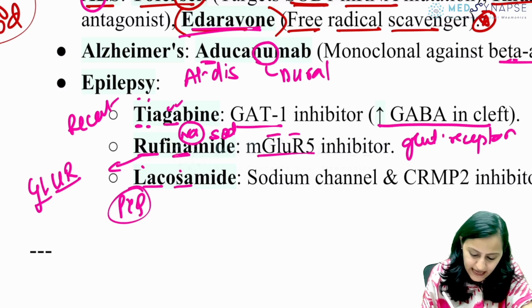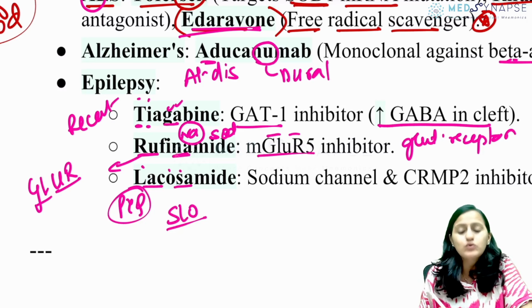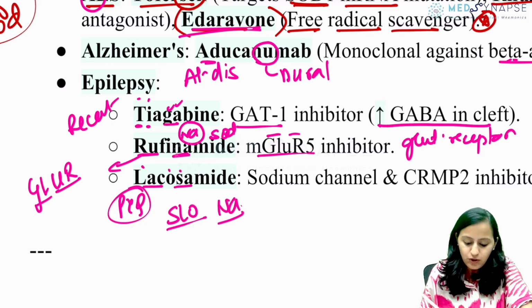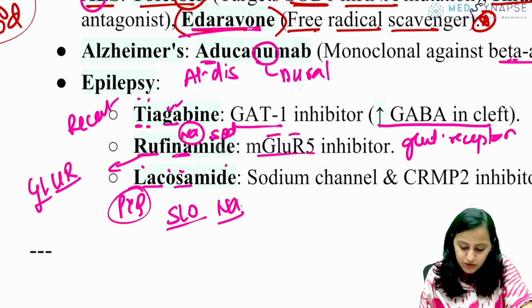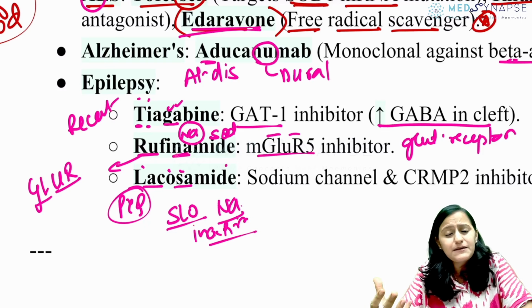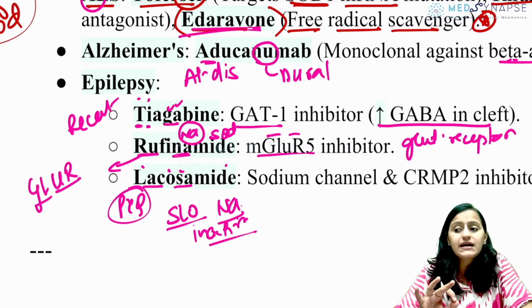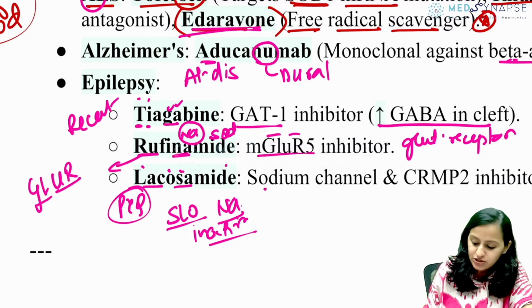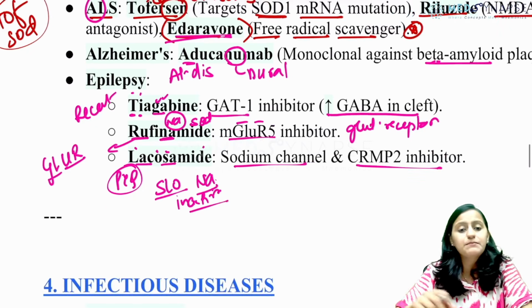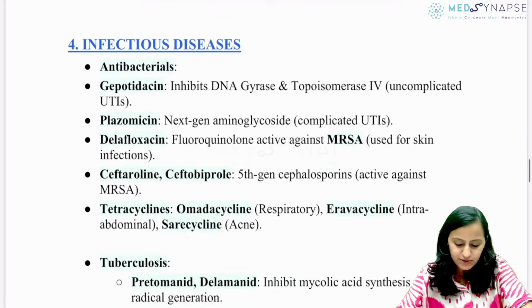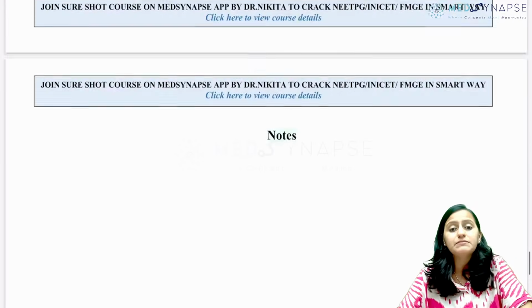Lacosamide, SLO, which is slow sodium. Okay, slow, again SOD, slow sodium inactivation is what it acts on. Other anti-epilepsy drugs act on the fast inactivation, but this specifically acts on slow inactivation. So this is a sodium channel and CRMP2 inhibitor.